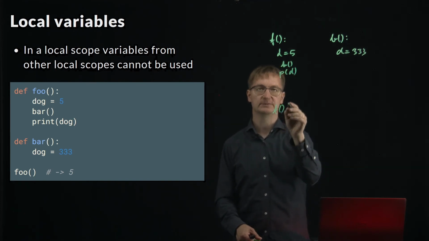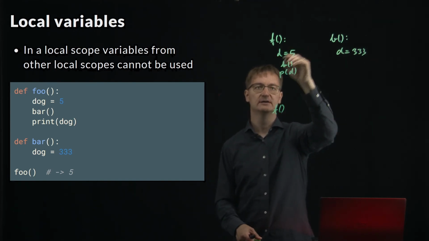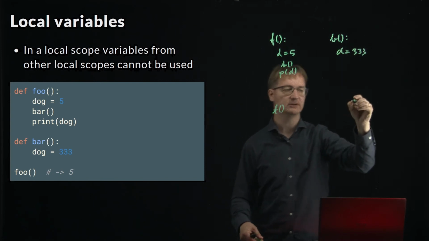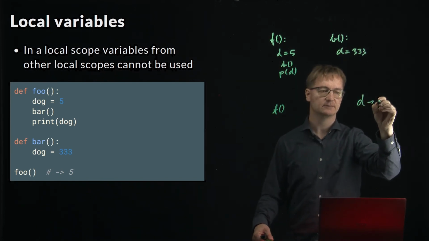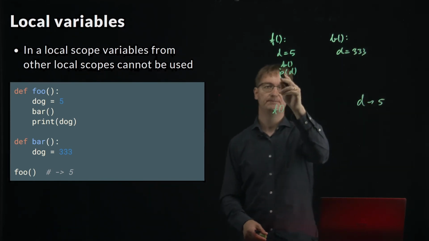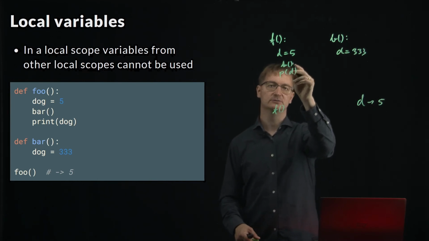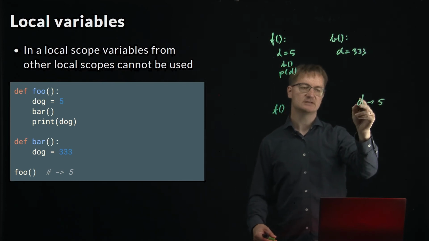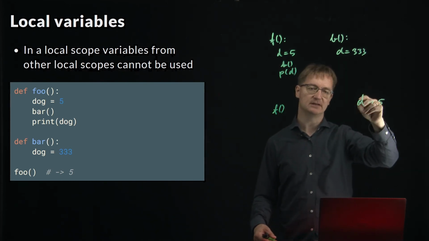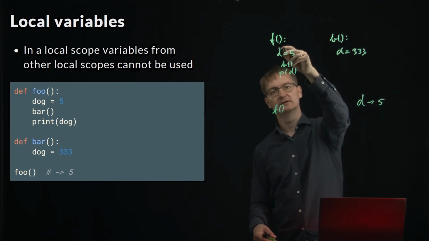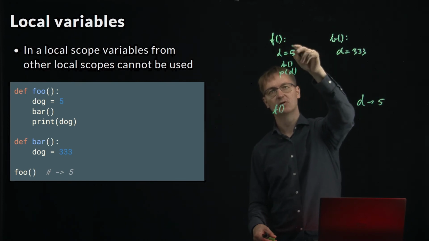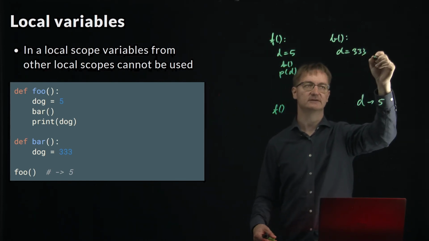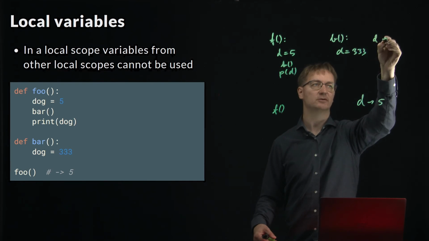What happens? First we go here, we execute this line, and let's say the d value inside memory is 5. Now I come here to this b function, but because this variable d is kept in this local scope, I will have a different d variable which points to 3.